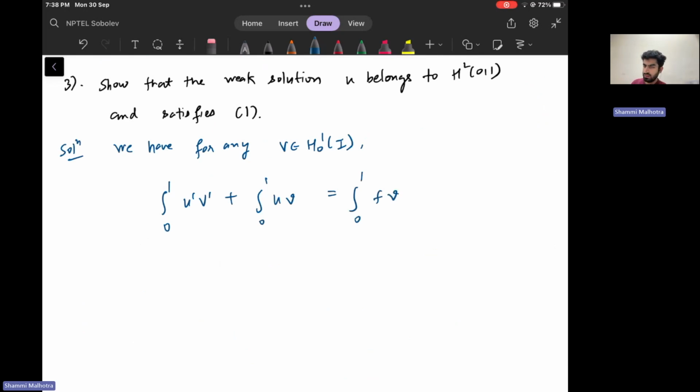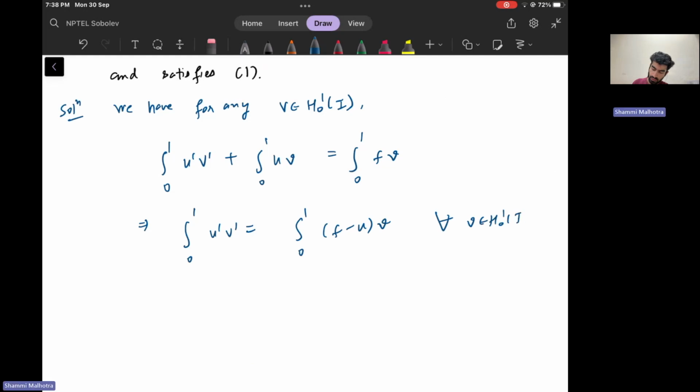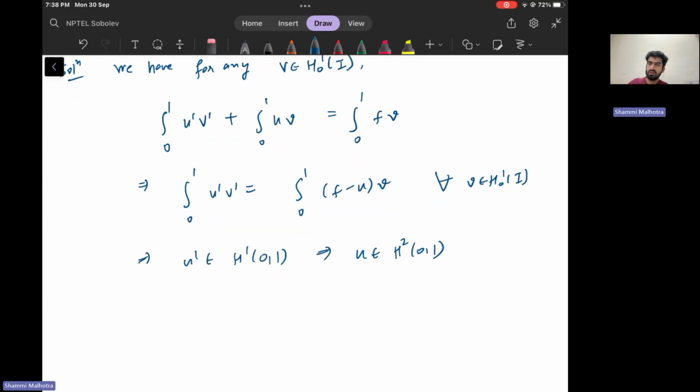So the integrations are well defined when my v is in H^1_0 and u is a solution. So these integrals make sense. And the k times v(0) vanishes because v lies in H^1_0. And once we have that, this is nothing but integration 0 to 1 u' v' equals integration 0 to 1 (f minus u) times v. This holds for any v in H^1_0, and this will imply that u' is in H^1(0,1), and this determines u is in H^2(0,1). So the same technique we used.